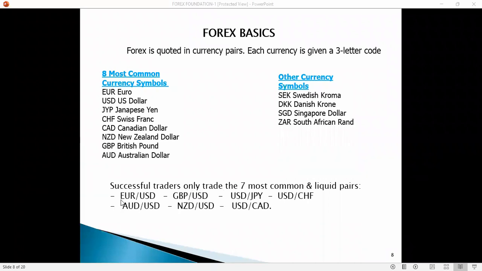So that is why you see that a lot of traders, successful ones out there, focus more on the US dollar pairs, which means all the pairs that have the US dollar, because they believe that it's going to move faster than every other one, since US dollars is the most recognized currency.